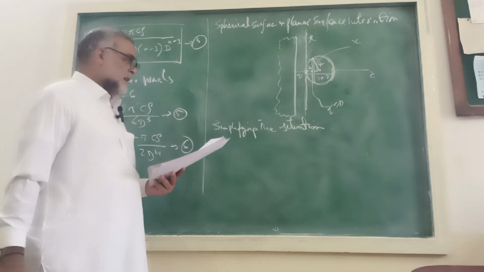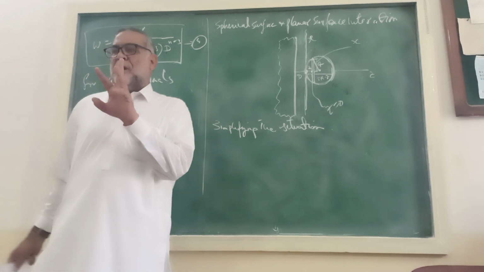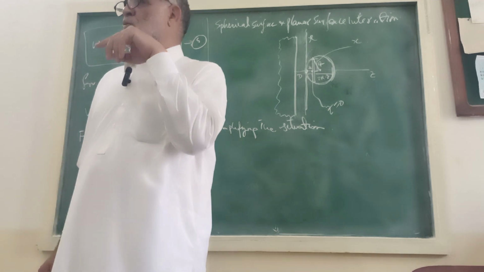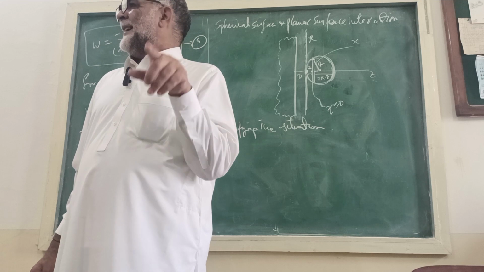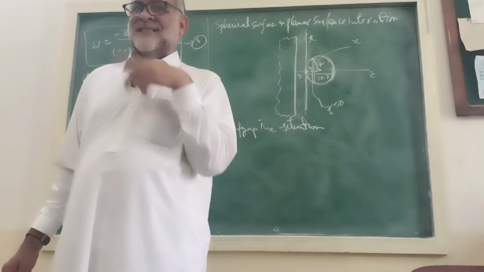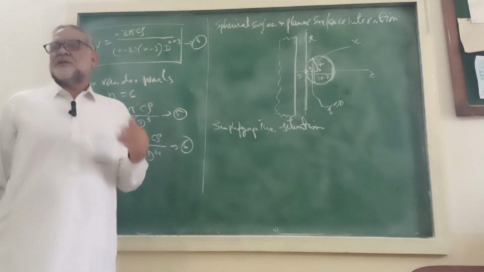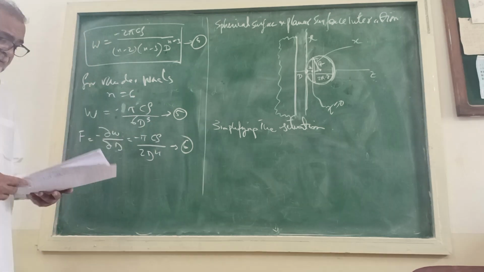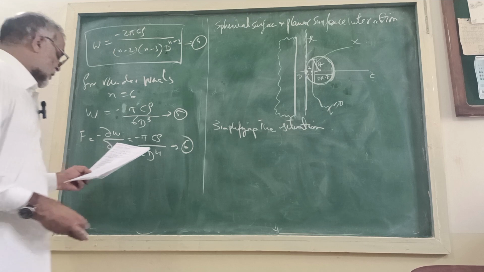So we are playing with 2 degrees. We did not take y because we will include y in the circumference. So we will reduce a 3-dimensional problem to a 2-dimensional problem. Okay.